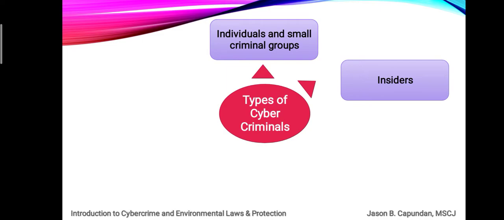And then we have insiders. Actually, insiders have the same purpose as the first type of criminal we have mentioned earlier, but the difference between the two is that an insider is, for example, a part of the organization or the company.